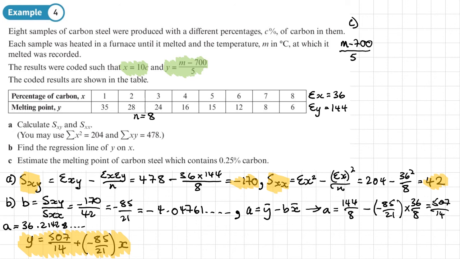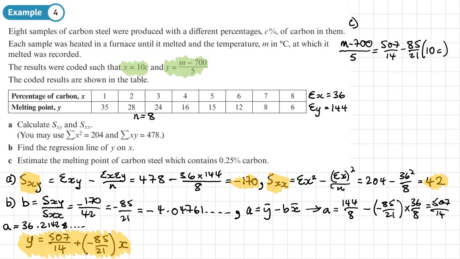So we substitute that for Y, equals 507 over 14, minus 85 over 21 times X, and X replaced with 10C. So it's just substitution.